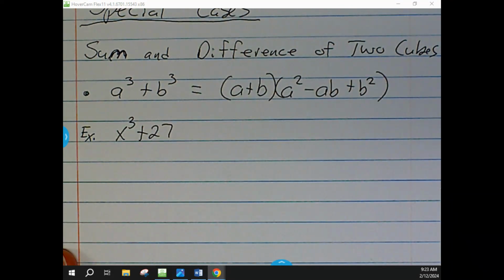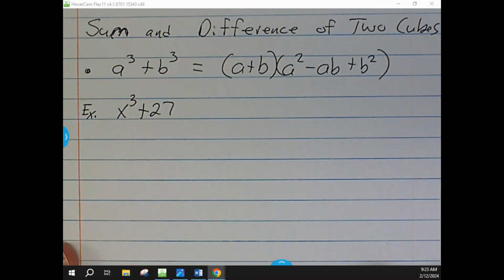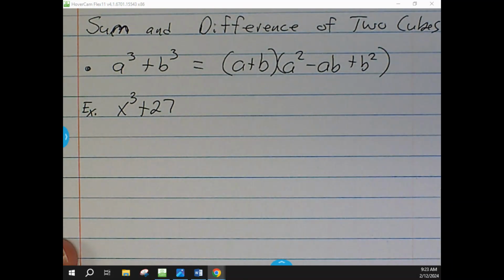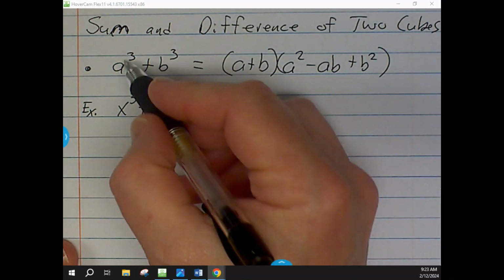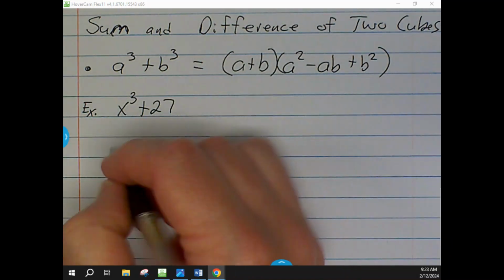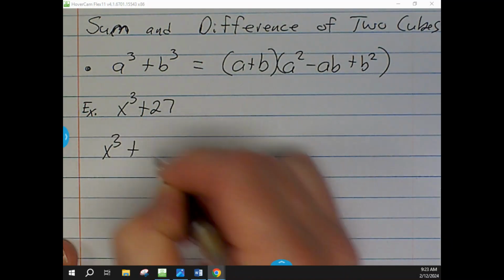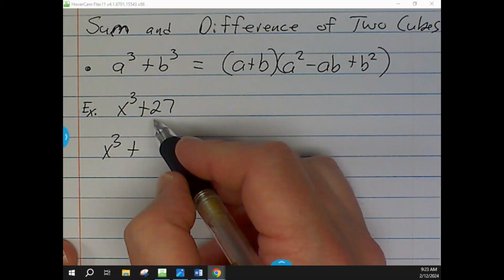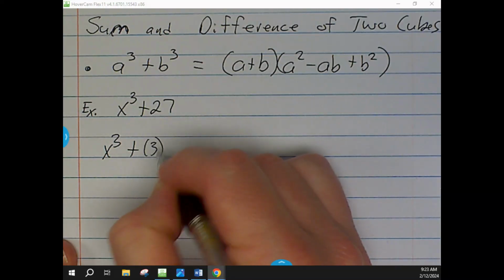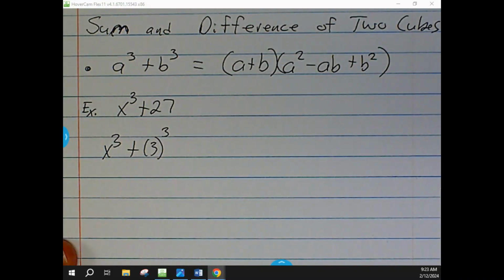Most of the problems will probably look something like that, where you've got x to the third plus 27. The x to the third is fine. It's the second number you've got to figure out. The 27: if you check, that's 3 times 3 times 3, so that would be 3 cubed.